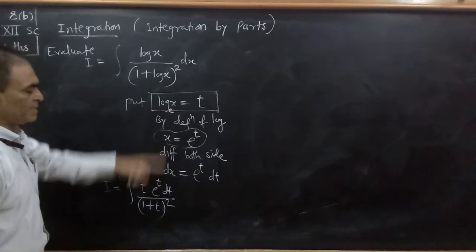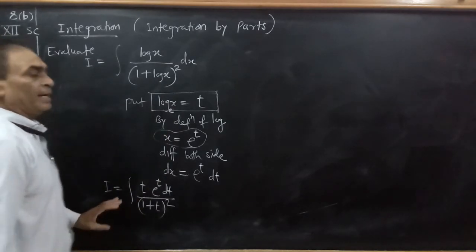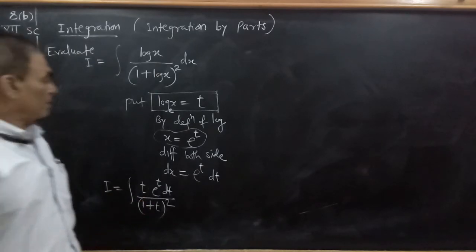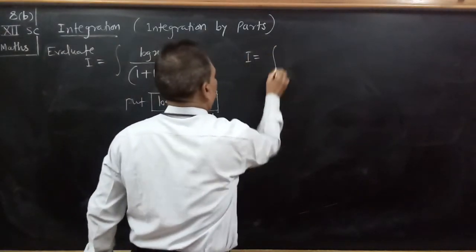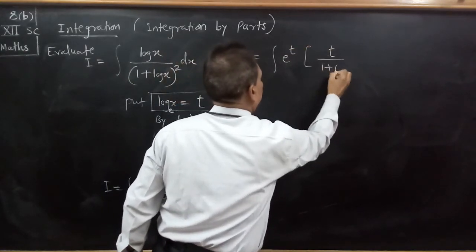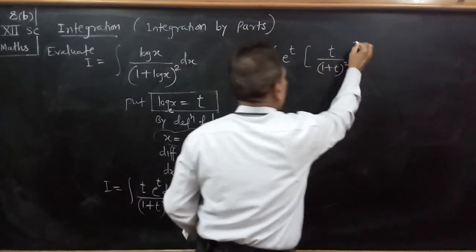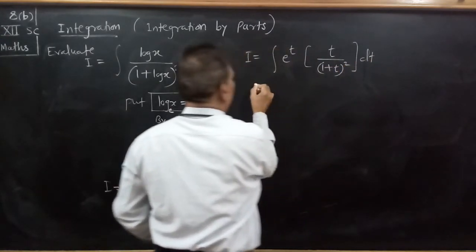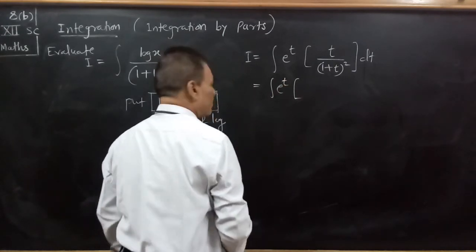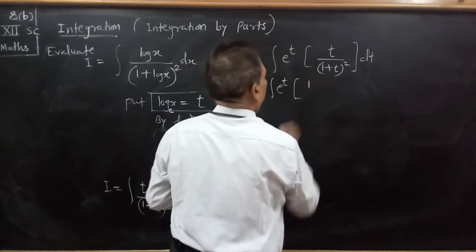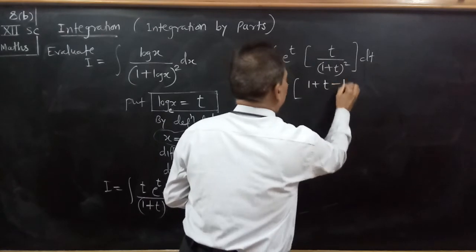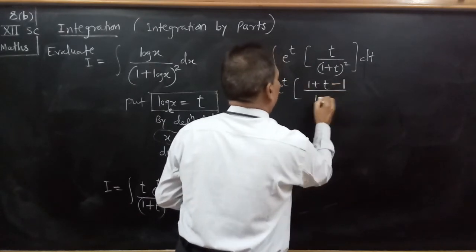Okay. Then easily convert to our standard form, which is equal to e raised to t into bracket t divided by (1 plus t) whole bracket square into dt, which is nothing but e raised to t is there. Use some adjustment: 1 plus t minus 1, and in the denominator (1 plus t) whole bracket square into dt.